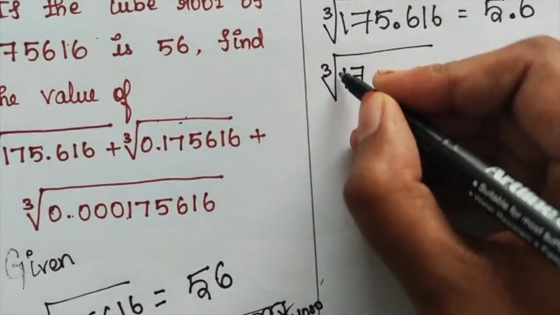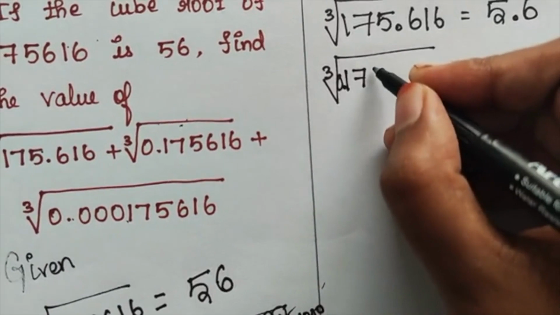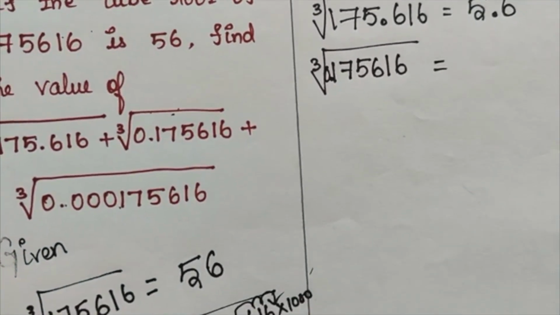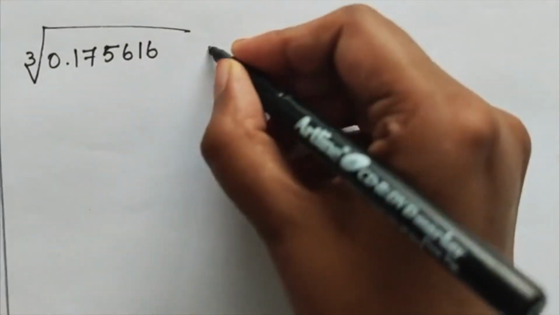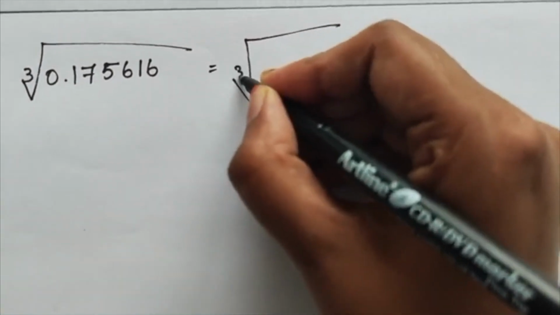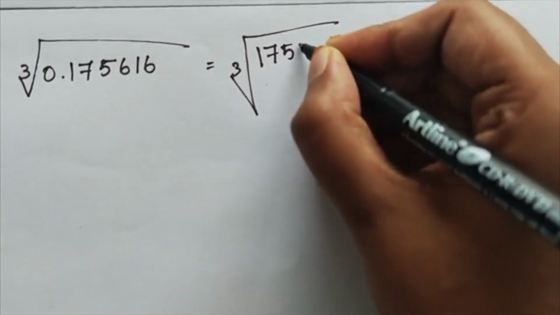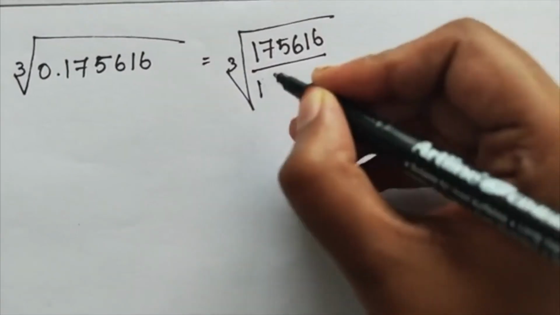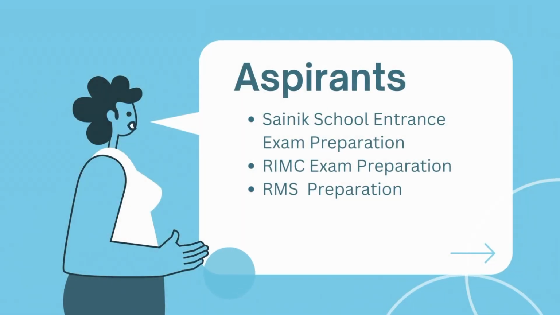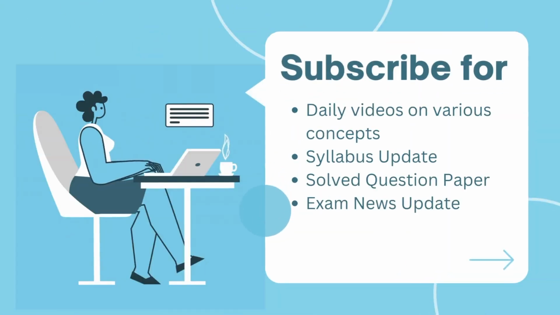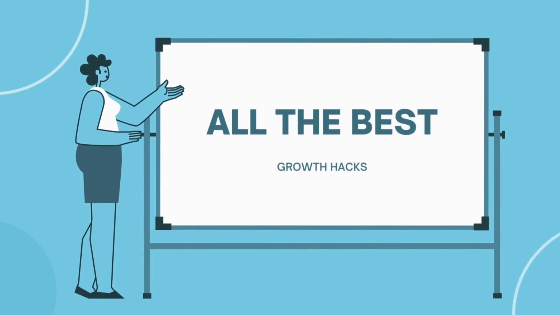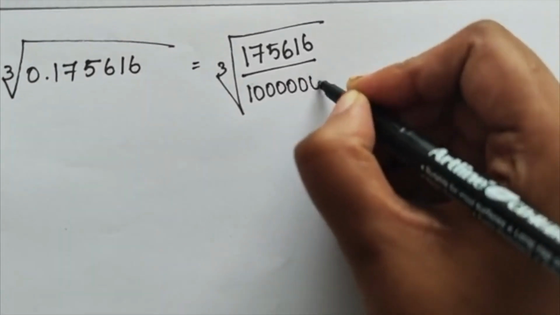cube root of 0.175616 we can find. So let us find the value for that one. So this can be written as cube root of 175,616. How many decimal places we moved? 6 decimal places we moved. So I can put 6 zeros.